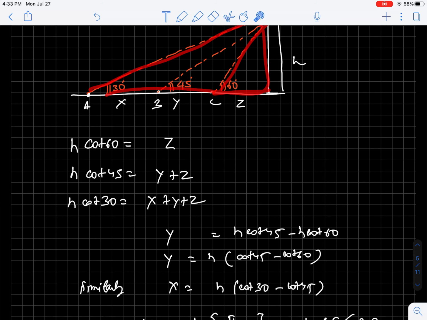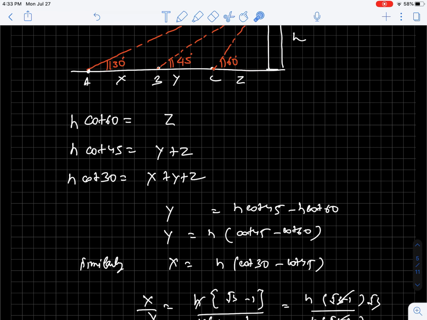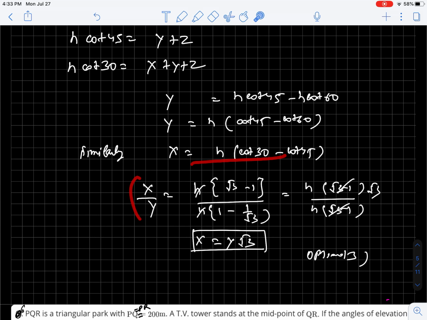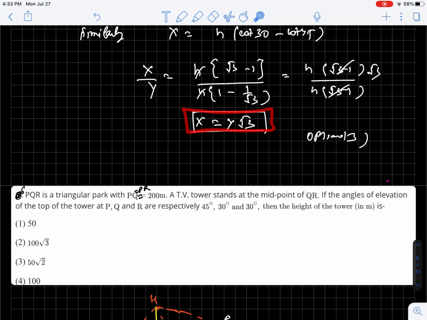Then you can find y by subtracting: y equals h cot 45 minus h cot 60. Similarly, x equals h cot 30 minus h cot 45. They want the ratio of x by y. Divide them, and you will get the simple answer: x equals y root 3. Done.